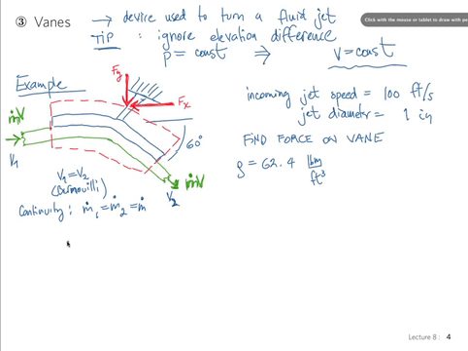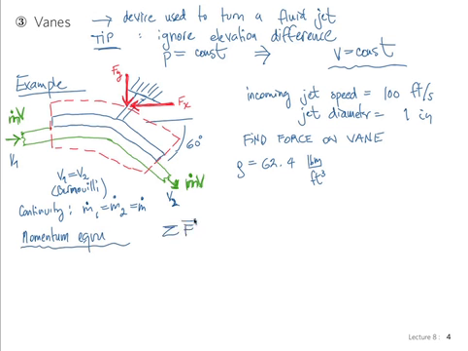So in vector form, I would write the sum of forces as a vector is equal to the sum of m dot v as a vector out minus m dot v as a vector in.